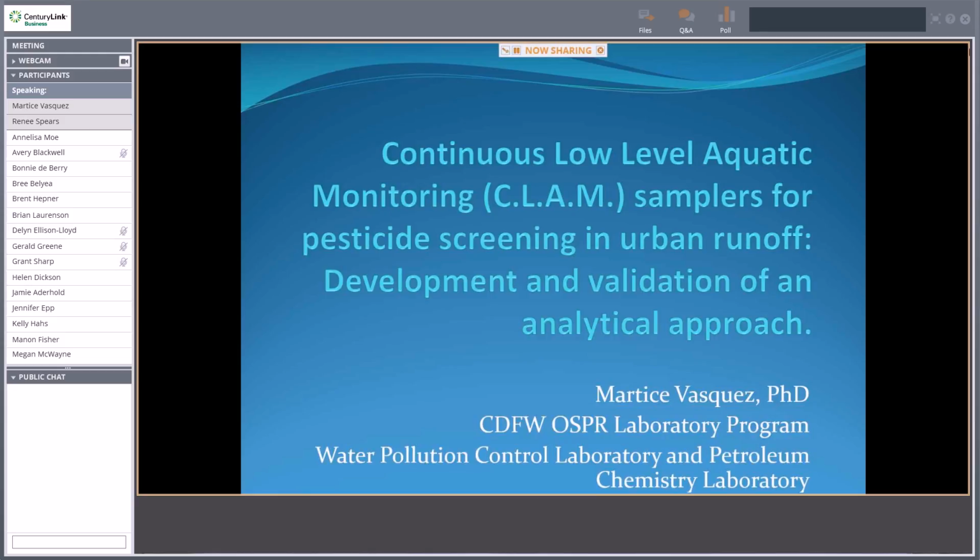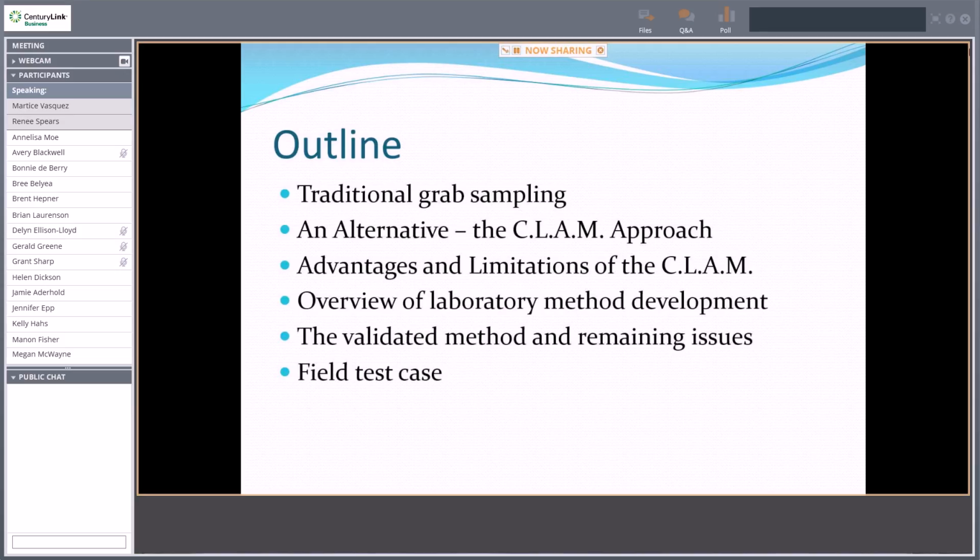And so, again, there's just my cover slide. And the outline of the talk today, we're going to briefly talk about how organic sampling for pesticides is traditionally done using the grab sampling approach and some of the issues associated with that. And then we're going to talk about using an alternative approach for sampling pesticides in the aquatic environment, and this is using the CLAM approach.